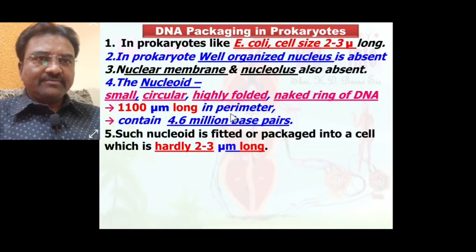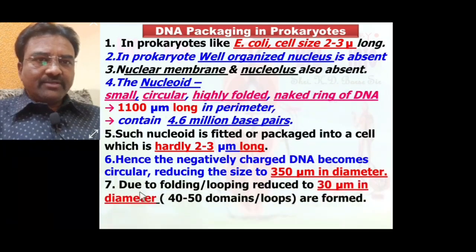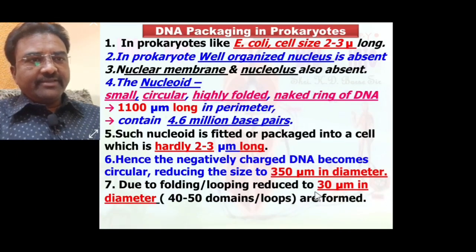How is it possible to fit such long DNA in a small cell? Hence the negatively charged DNA becomes circular, reducing the size to 350 micrometer in diameter. Also, due to folding or looping, it is reduced to 30 micrometer in diameter.